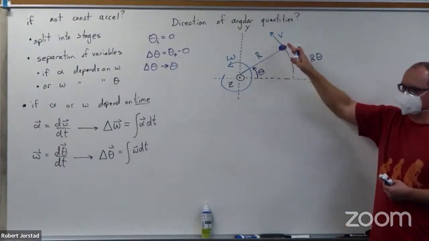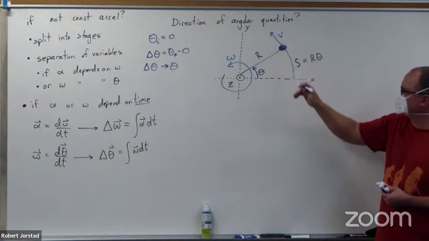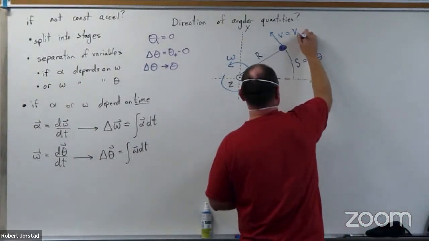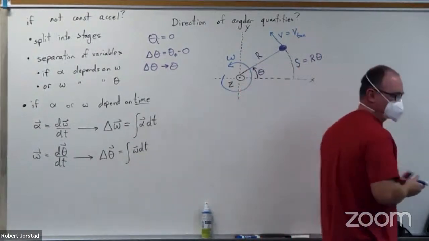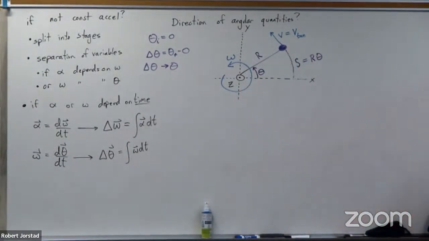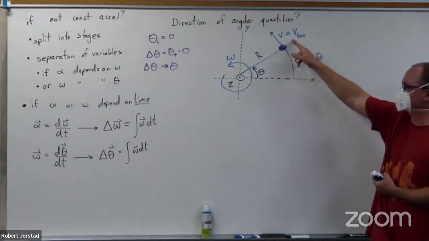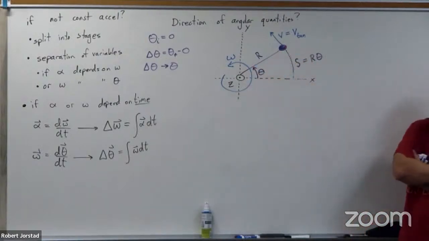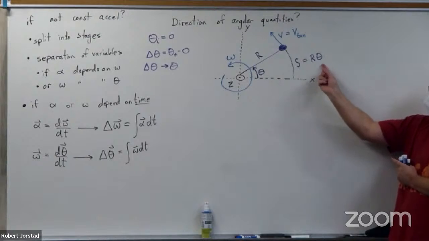Do you agree that this is tangent to the circle? Sometimes people call this V subscript tan, meaning the speed tangent to the circle. How do you think the speed relates to the omega? How could I get omega from this equation?